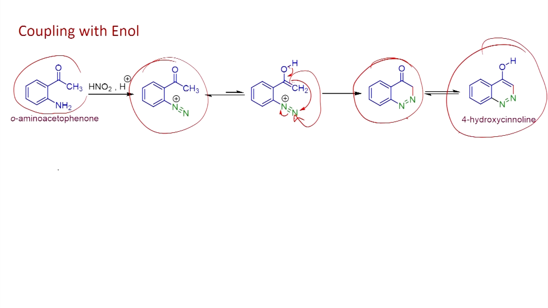On the other hand, now let us look at some aliphatic examples. Now let us look at the beta keto ester. This also can undergo reaction, as we have just seen, when you have the diazonium salt. Since the reaction medium is acidic, it can exist in the form of enol.